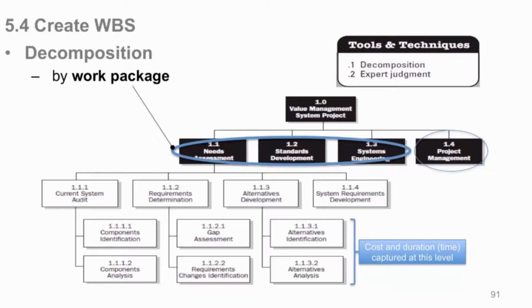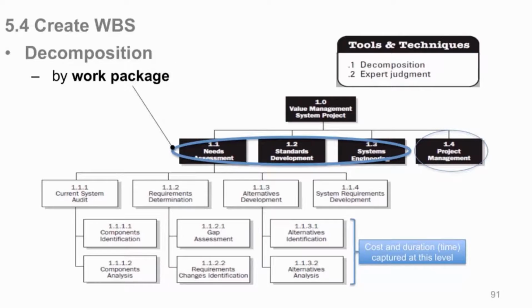All this work down in the white boxes, they have cost and duration captured there as you do the work within them. It could be, say, this 1131 over here on the right, alternatives identification. If that was some other kind of sub-product that made sense to you, there may be 1, 2, 5, 10, a reasonable number of activities you need to actually do and complete that roll up into that one item being complete.